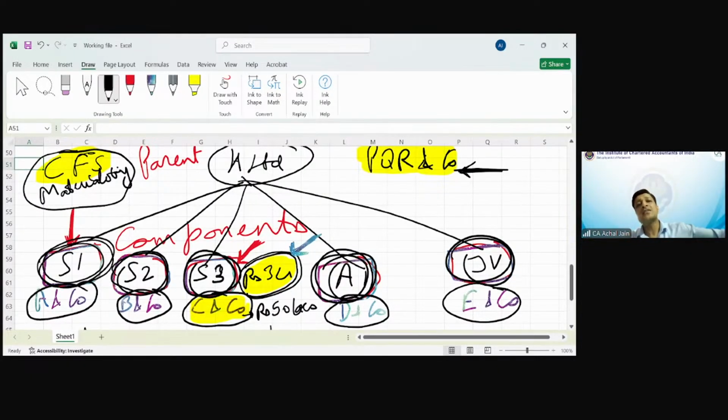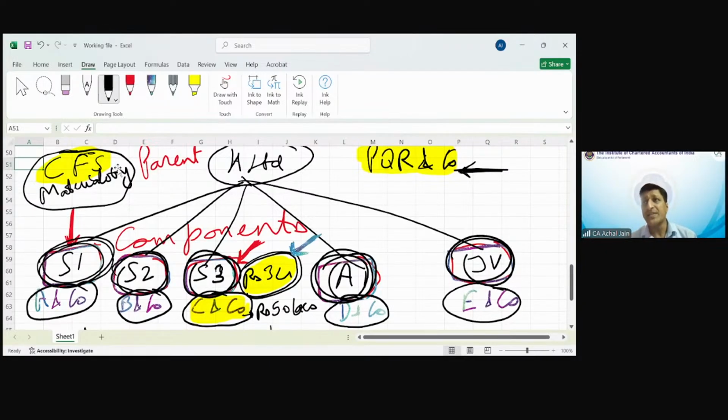They are audited by some different auditors. Of course, this audit or any work is done as per the instructions of the parent auditor only. There's no doubt about it. But still, it's not audited by the parent auditor.